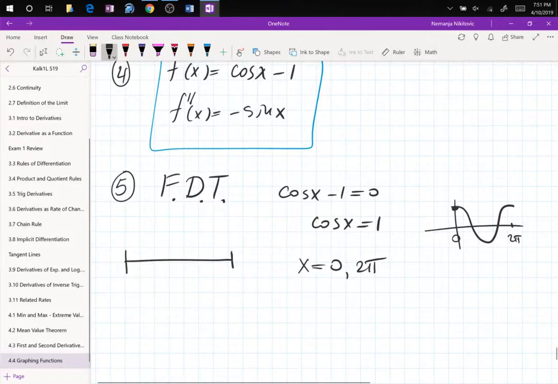So my partitioning now is 0 to 2 pi. I don't have any vertical asymptotes. And now the whole thing is just one partition from 0 to 2 pi.